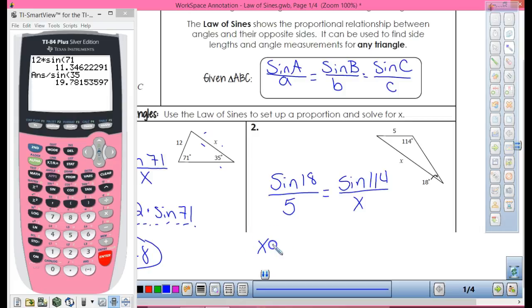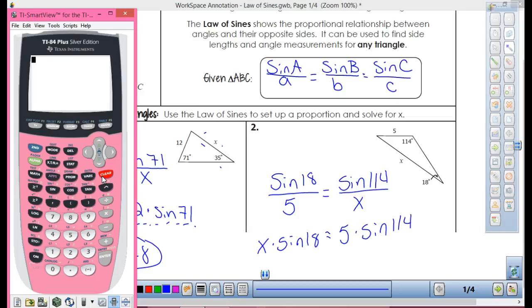All right, so x times sine of 18 equals 5 times sine of 114. Okay, so do the side without x. So 5 times sine of 114 divided by what's with x?